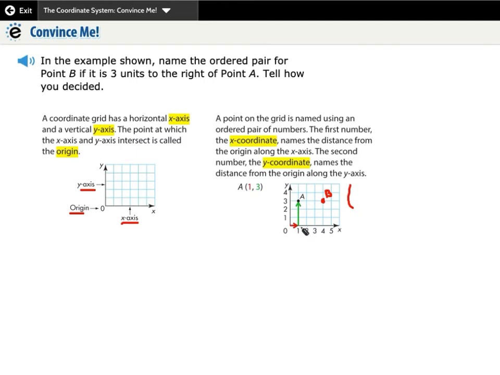We always start from the origin, first move to the right. So that is 4 units on the x-axis. So that is 4. And in the y-axis, it's in point 3. So now this is our ordered pair at the right of point A. 3 units at the right of point A.